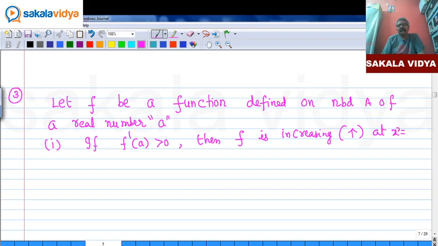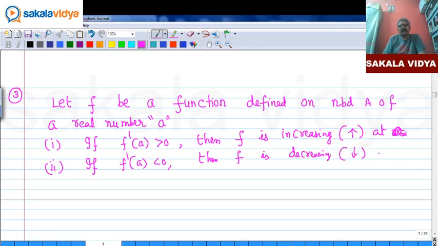Second point, if f dash a is less than 0, then f is decreasing at a. That means for increasing f dash a is greater than 0, for decreasing f dash a is less than 0.